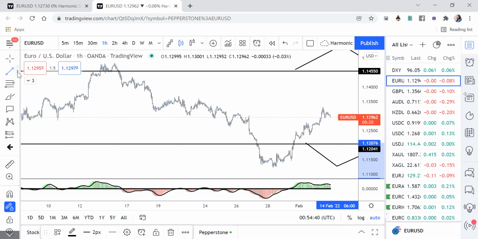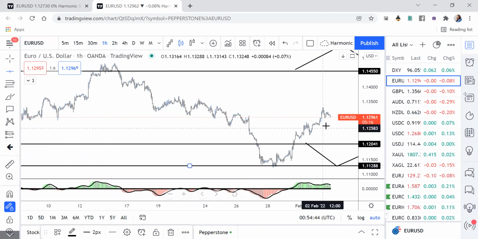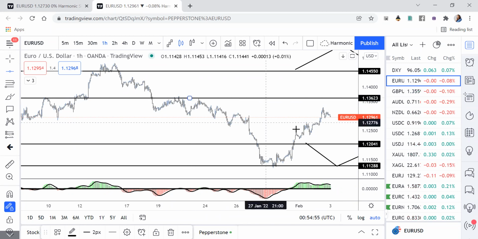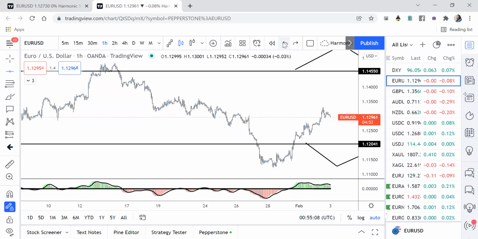Because for the 1-hour time frame, I would need this low to break, or I have to wait for price to finish completing this high, and then look for that high to break. Alternatively, I would have to look for the previous high, which is here, to break before I can get a 1-hour trade. All right, still so far away. It doesn't give me anything right now to work with.